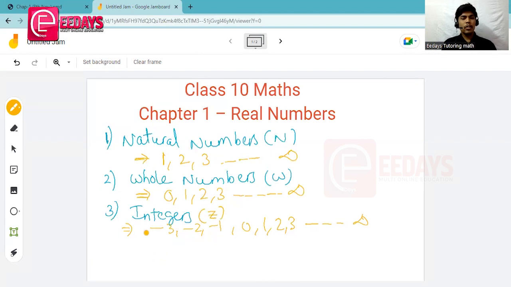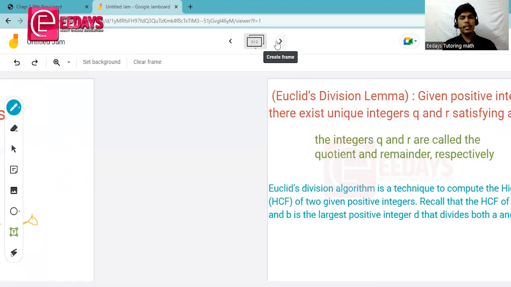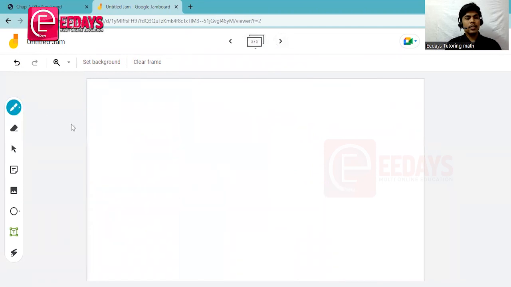Now coming to rational numbers and irrational numbers. The fourth one is a rational number.